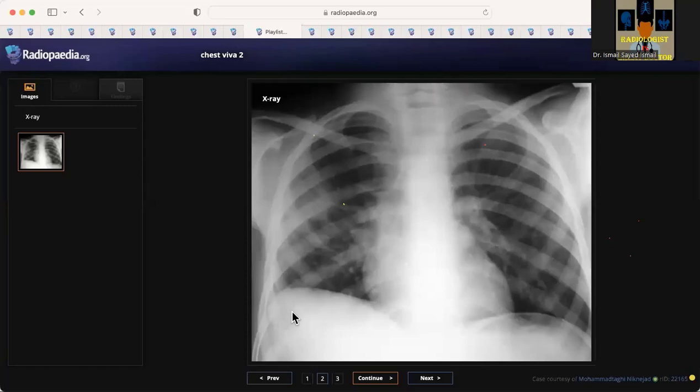Yes. Okay. So I'm presented with a frontal chest radiograph for an adult patient, showing that there are multiple small nodules projected over both lungs.